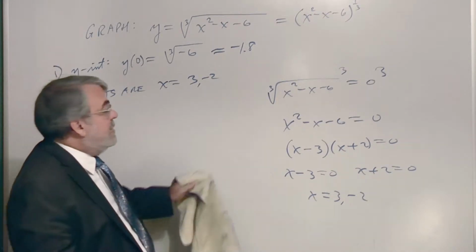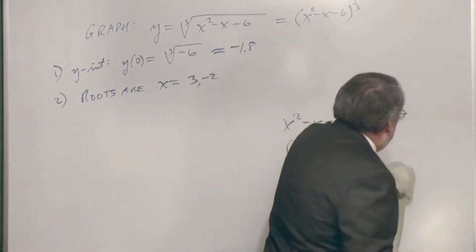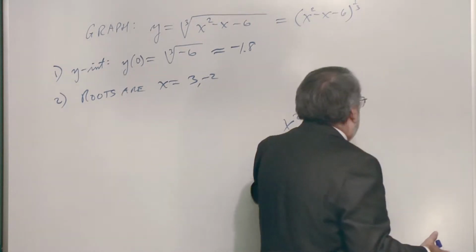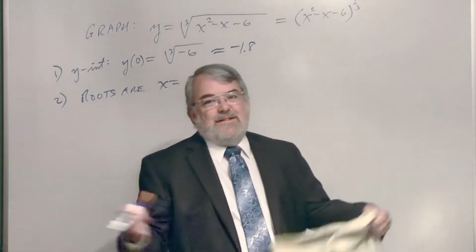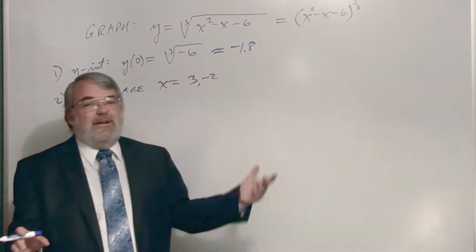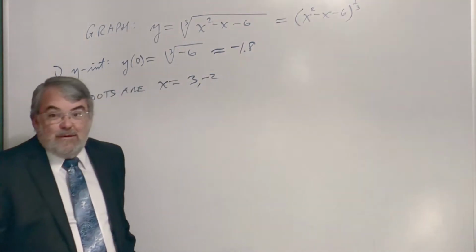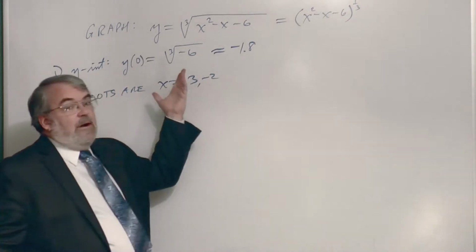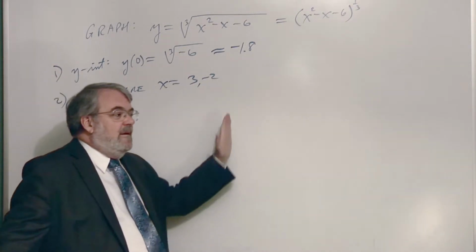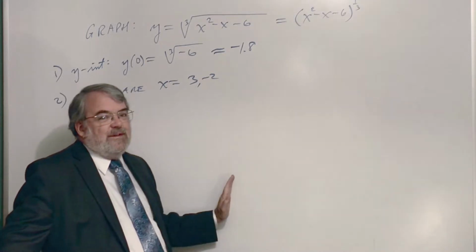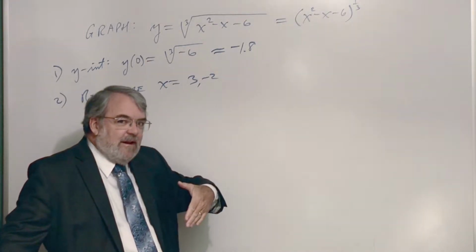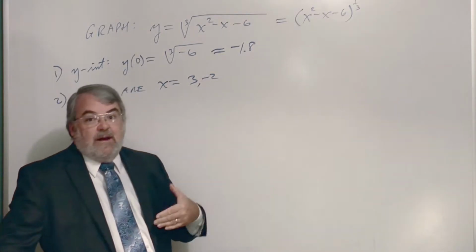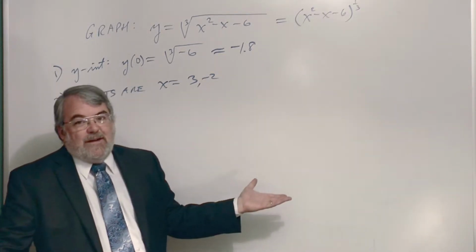Okay, asymptotes. Does it have any asymptotes? Well, no, because the cube root's domain is the entire real numbers, which means you can plug any number into the cube root, including negative numbers. Now if that was a square root, we would have to stop where the radicand is equal to 0, because when it is negative, even though the square root of a negative is a complex number, we're not graphing complex numbers here.